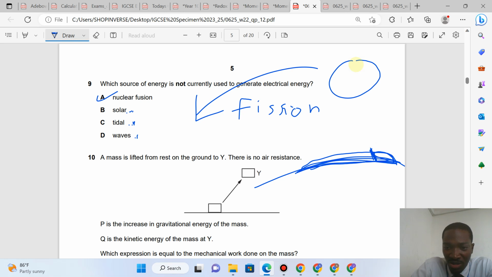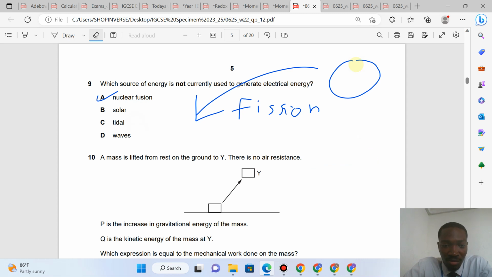So by the time the moon leaves and the water level goes down, the water that has been stored can be used to generate electricity. That's what we mean when we say tidal energy. You can Google it and watch videos on tidal energy to understand what it means. So all these other ones can be used to generate electricity except nuclear fusion.